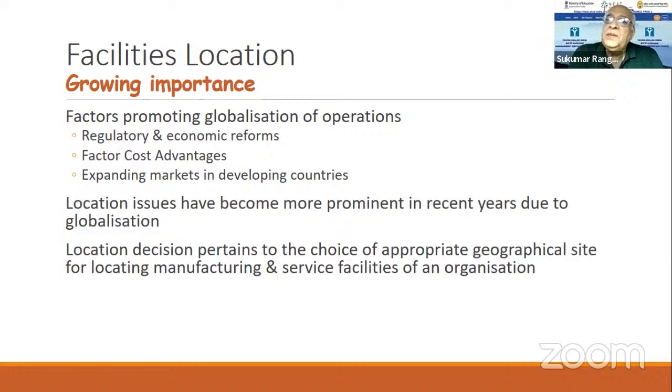Take pharmaceuticals, where India is a large manufacturer and exporter. Automobiles are again something we all understand. Not all parts are made in India; some of the parts are made elsewhere.